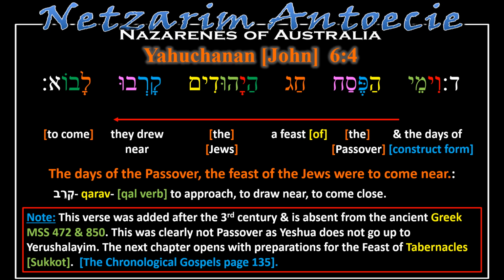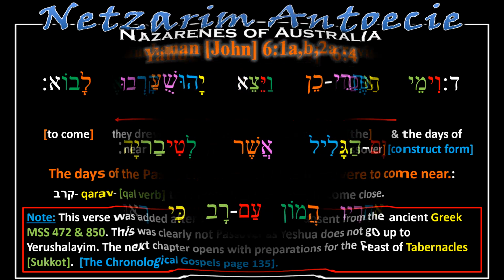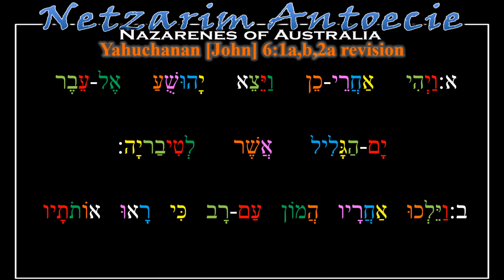So now we can move, and we come now to our revision. And of course, we look at Aleph, and we know that has a value of 1. So we're in verse 1.